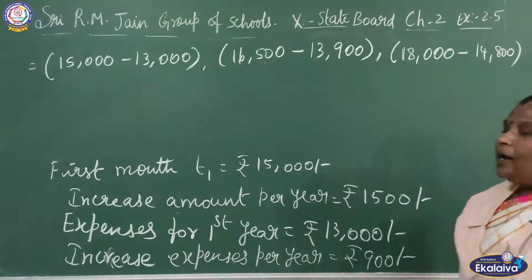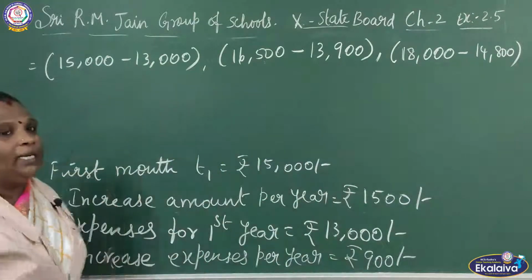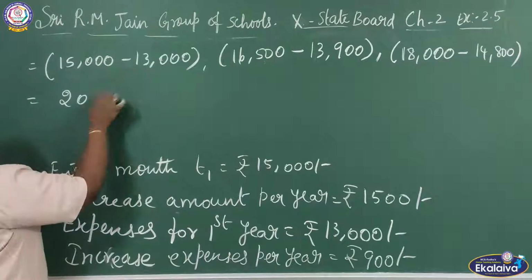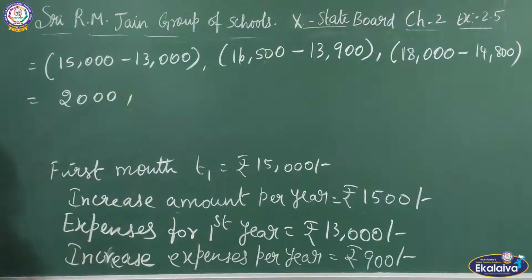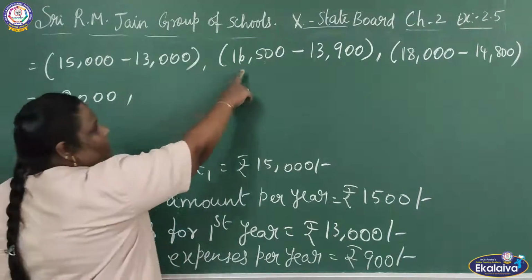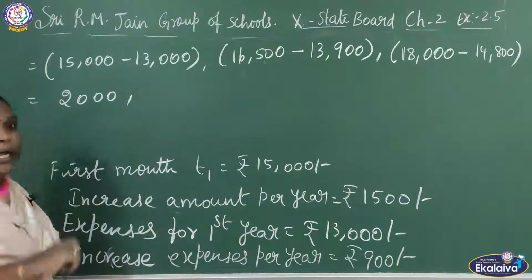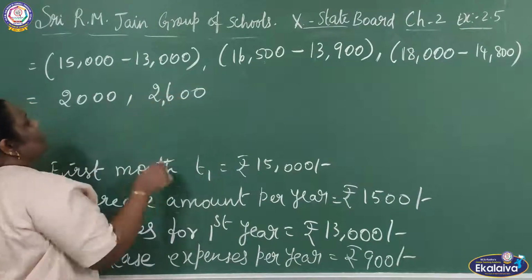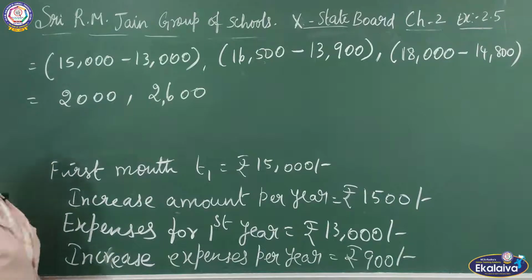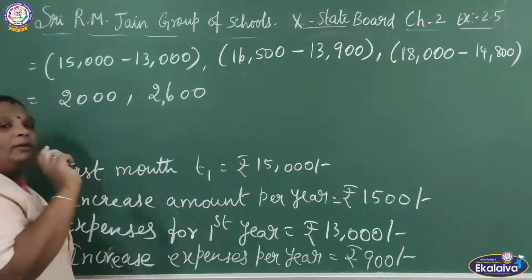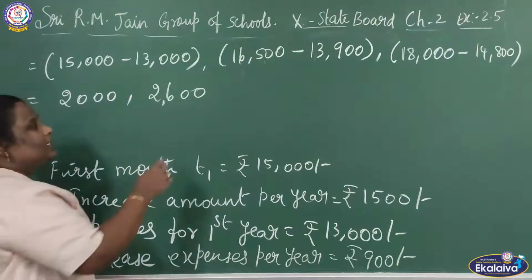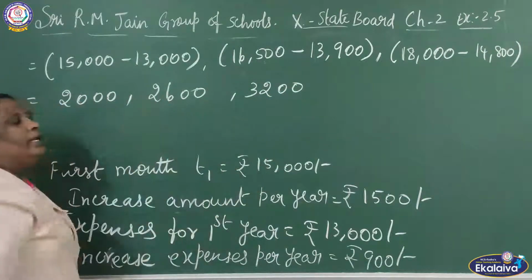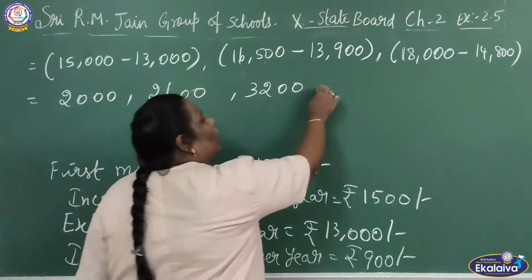Now you see the sum. 15,000 minus 13,000 is what? 2,000. 16,500 minus 13,900 means what? 2,600. What is the next one? 18,000 minus 14,800 means 3,200. It moves on like this.